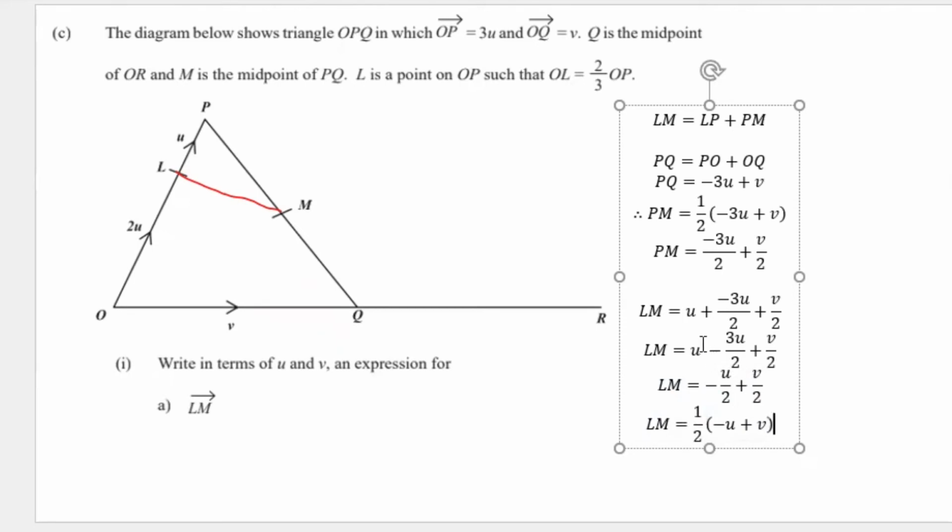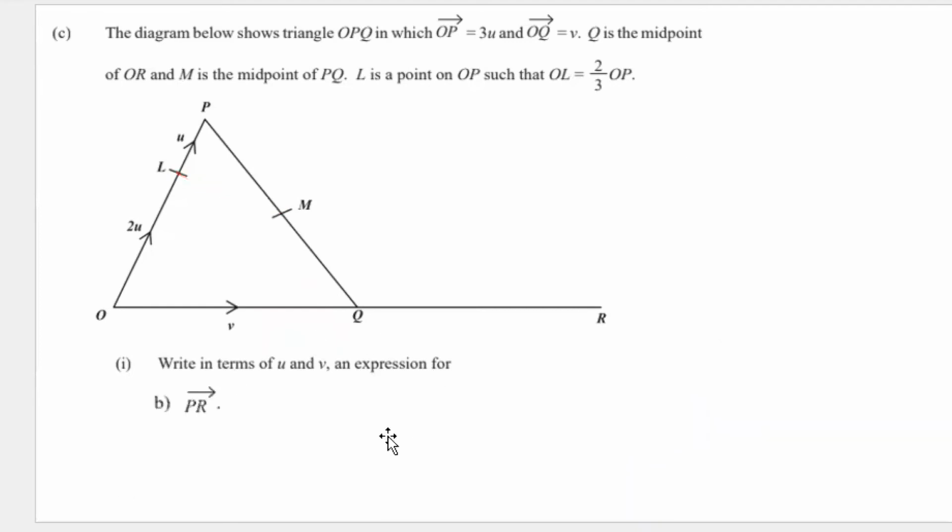The bigger term, which was 3 over 2, was negative, so it was carrying the negative sign. So it is 1 minus 1.5, which would have left us with the negative a half here. When we factorize a half, we'd have a negative u remaining for that term. So that is it for LM.